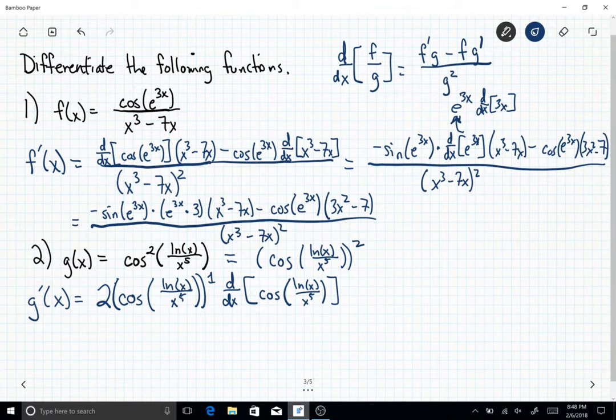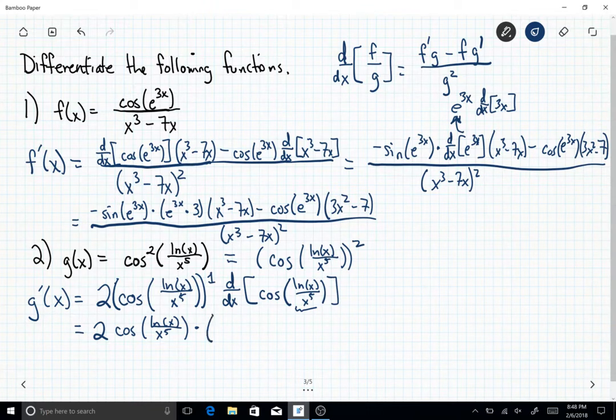Okay. And so this whole thing becomes 2 cosine of natural log of x over x to the 5th times, what's the derivative of cosine? Well, notice we have an outer function being cosine, the inner function is that natural log business.